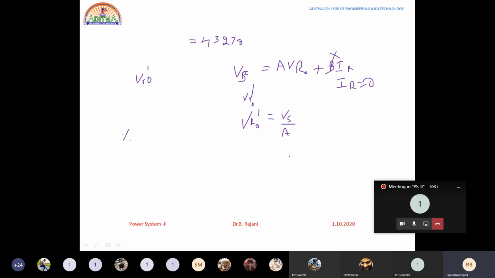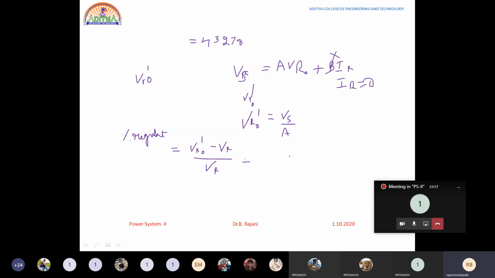Percentage regulation is equal to VR at no load minus VR at full load, divided by VR at full load.